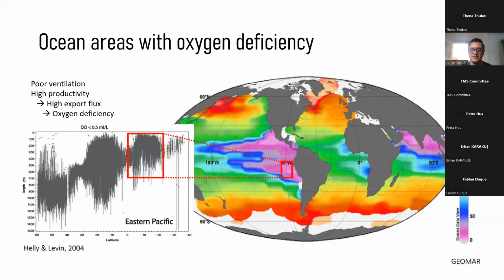So physics and biology collide and generate waters with very poor oxygen conditions. The one in the Eastern Tropical Pacific is the largest one, and one of the most intense in the global ocean.